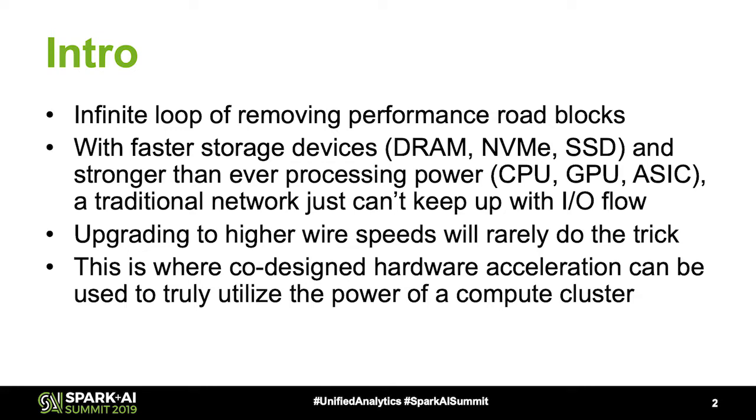Usually, upgrading to higher wire speeds will not do the trick here. There are some more complex solutions that had to be used in order to actually utilize high-end networks. And this is where a co-design hardware acceleration solution can be used in order to utilize the actual power that a compute cluster has.